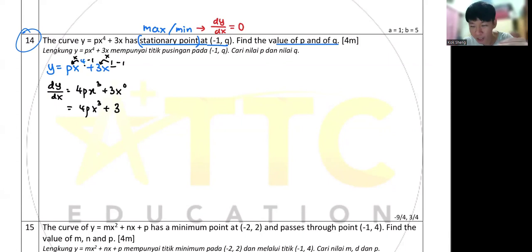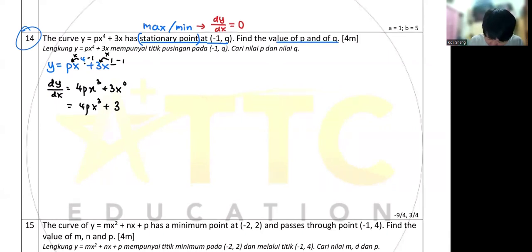Okay, good. So now we can sub in the dy over dx equals 0. And the dy over dx is on the point (-1, q), correct? So you have to sub in the negative 1 also.